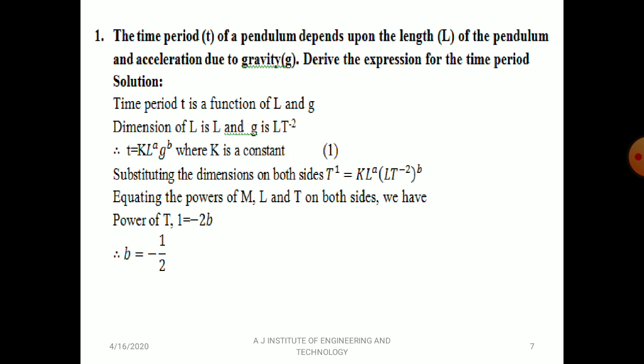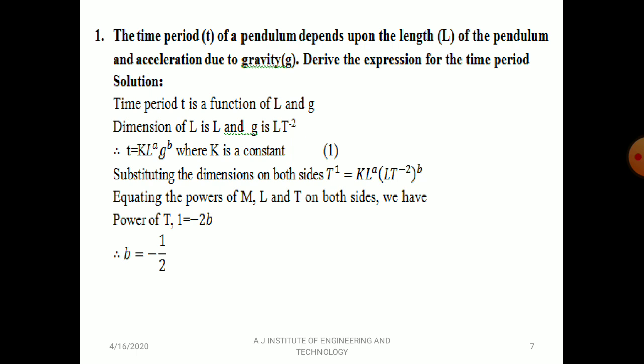So solution: time period t is a function of L and g. It is given in the problem itself as a function of length of pendulum and acceleration due to gravity. So the first step is to write the dimensions of all the parameters involved, dependent as well as independent. So the dimension of length is L only, and for g, the unit is meter per second square.